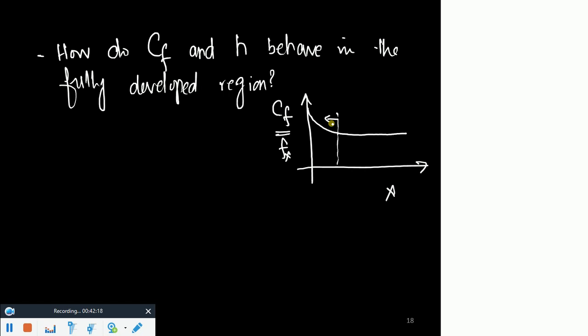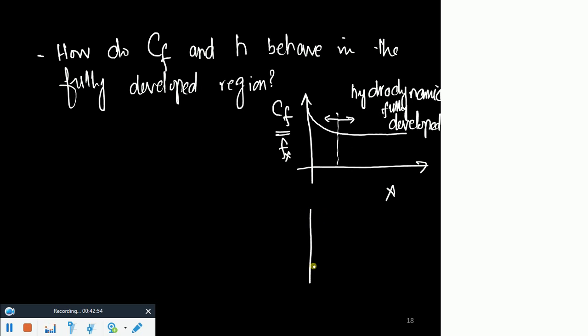Because the boundary layer is expanding, it would have more time to reach the maximum velocity, more gap, you can say. So beyond this point, you have the hydrodynamically fully developed region. So CF or friction factor remains constant in that region.